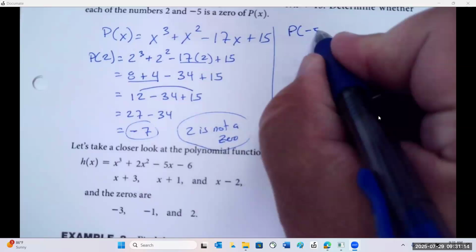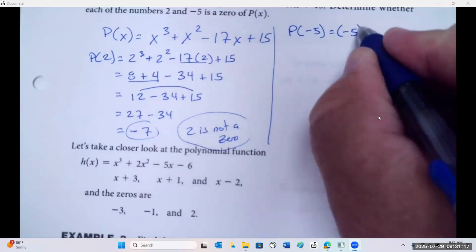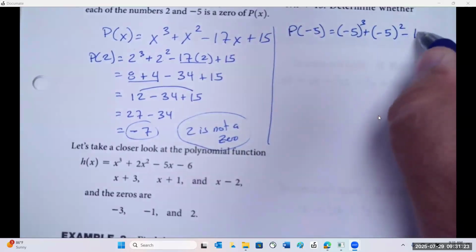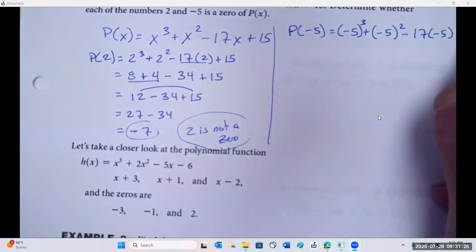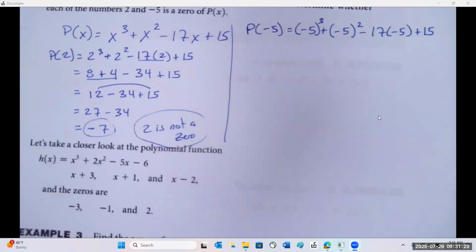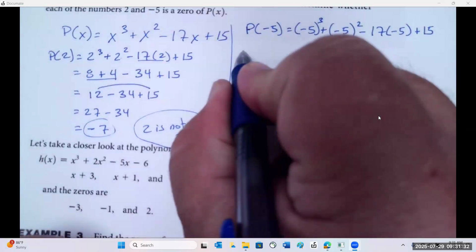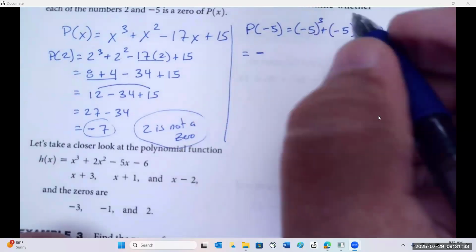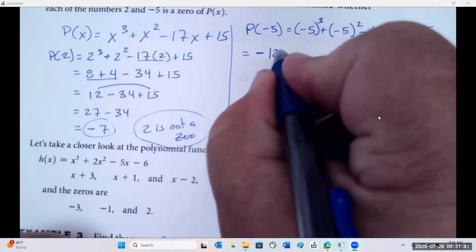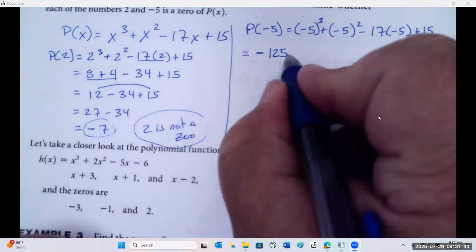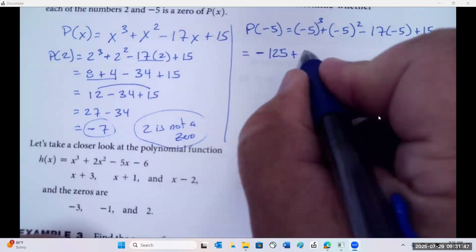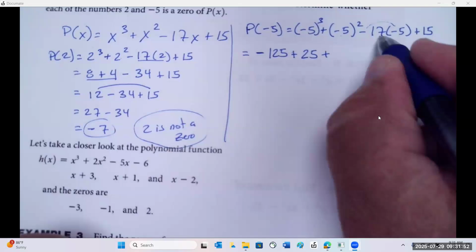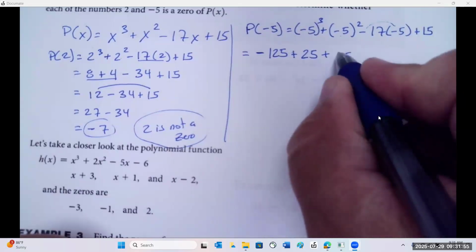We do the same thing with the -5. -5 cubed, -5 squared, 17 times -5 plus 15. Negative cubed is negative. 5 times 5 is 25. 25 times 5 is 125. Plus -5 squared is positive 25. Negative and negative is a positive. 17 times 5 is 85.